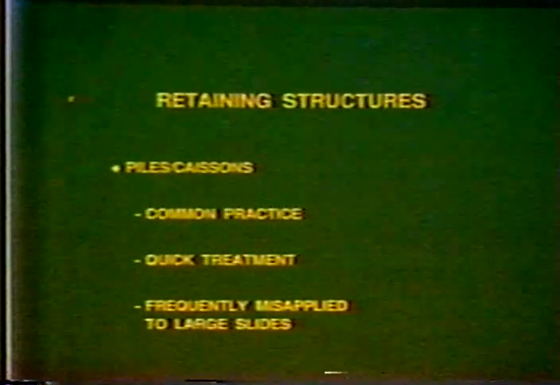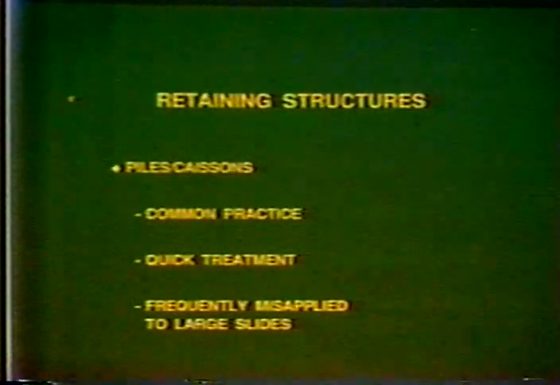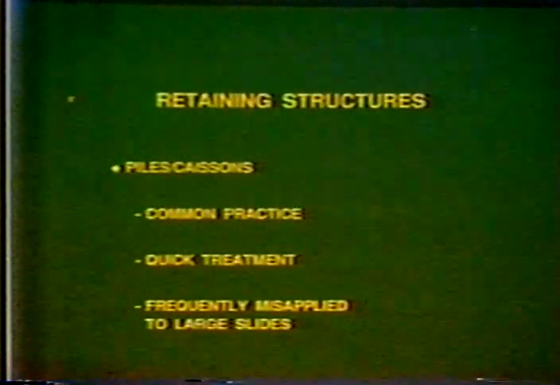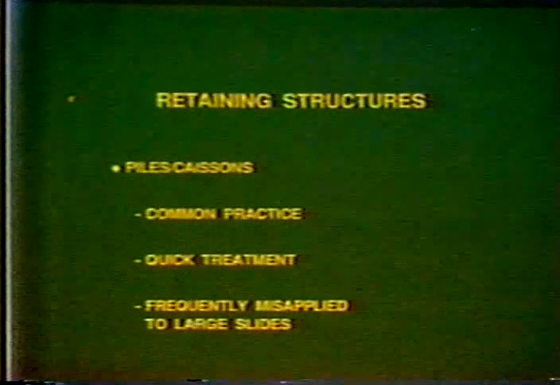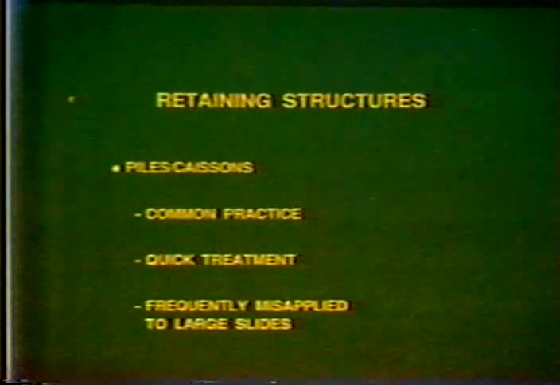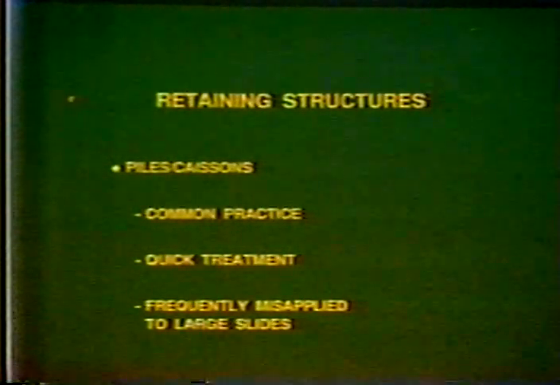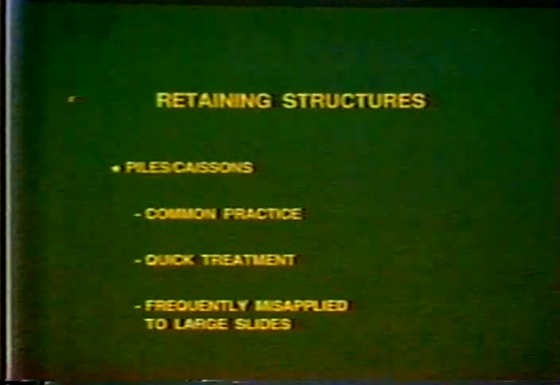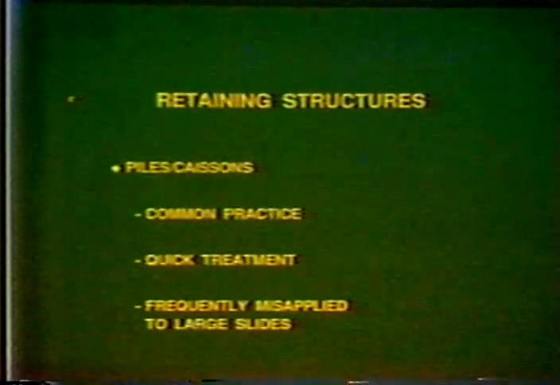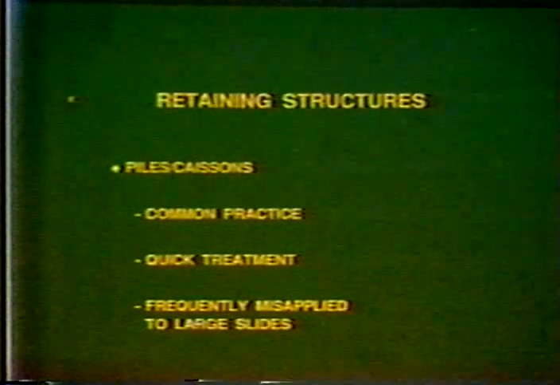This has been a very common practice in highway maintenance over the past few years. I guess one reason is it's a very quick treatment. It's easy to go out there and drive a pile real fast, or drill a hole and put a pile in it. But I want to mention and caution you on using this type of system.